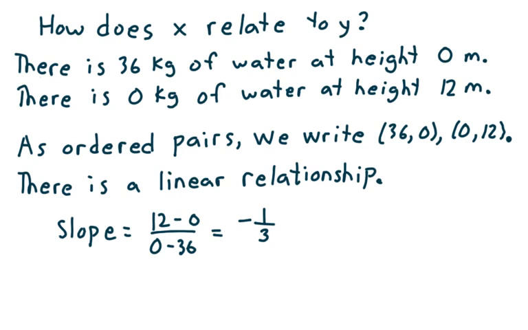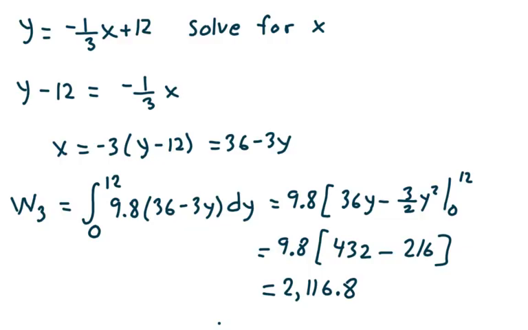And there's a linear relationship between X and Y. So the slope is 12 minus 0, Y2 minus Y1, divided by 0 minus 36, X2 minus X1, which is equal to negative 1/3. And so Y is negative 1/3 X plus 12.